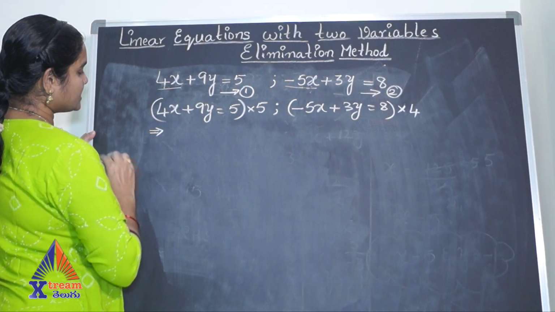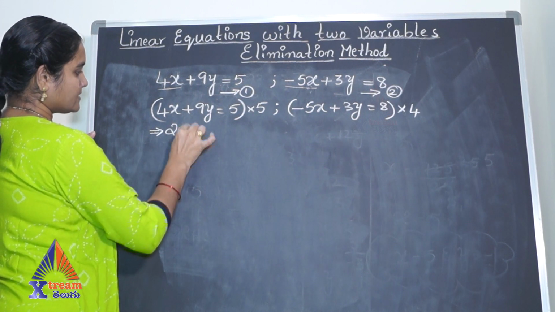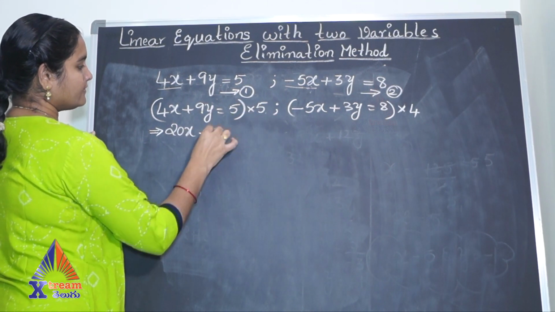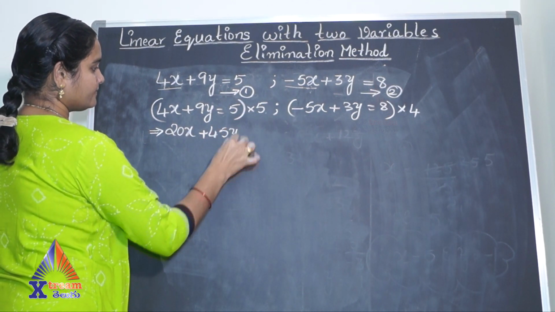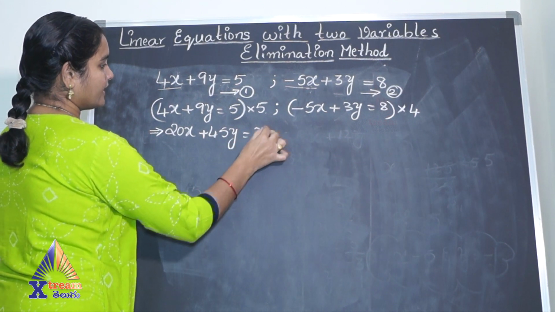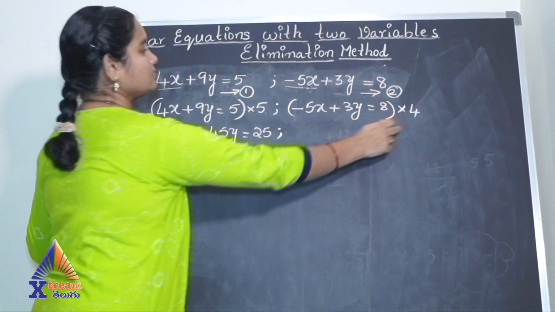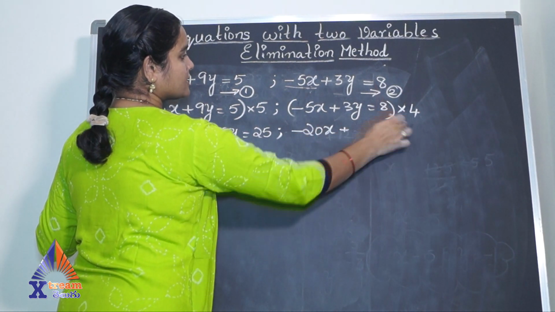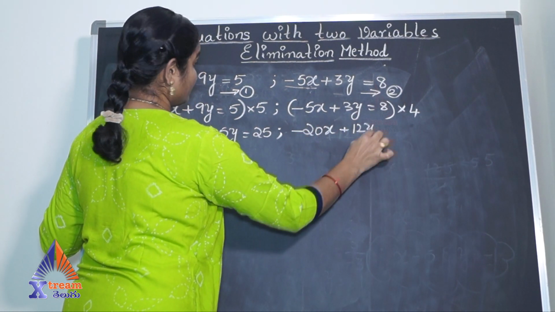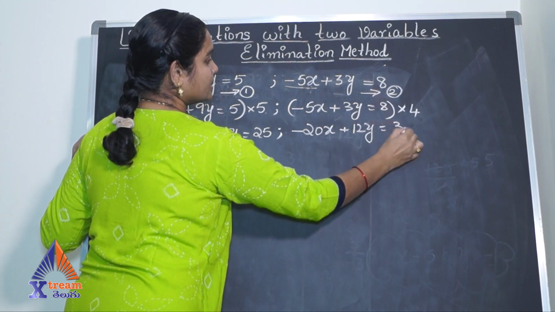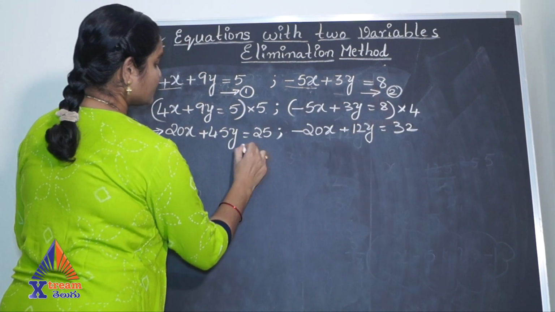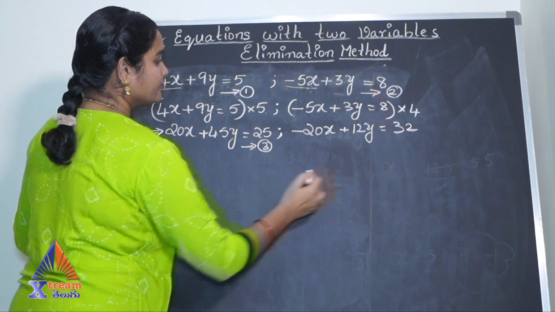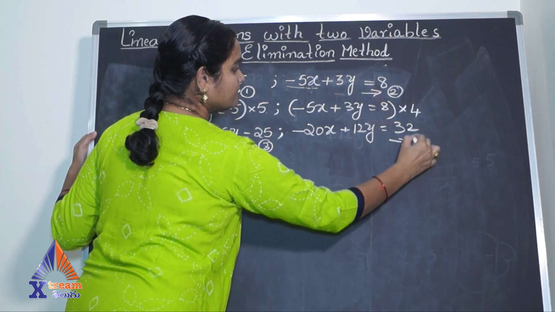Now what do we get? We get these equations as 20x plus 5 9s 45y, 5 5s 25. And minus 20x plus 4 3s 12y, again we got 12y, 8 4s 32. So this is our equation 3 and this is our equation 4.